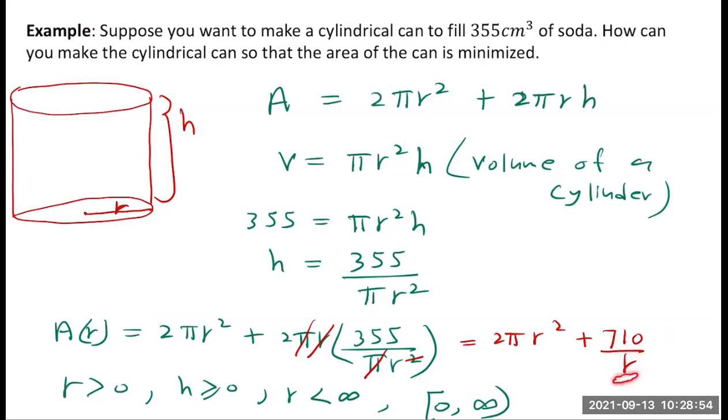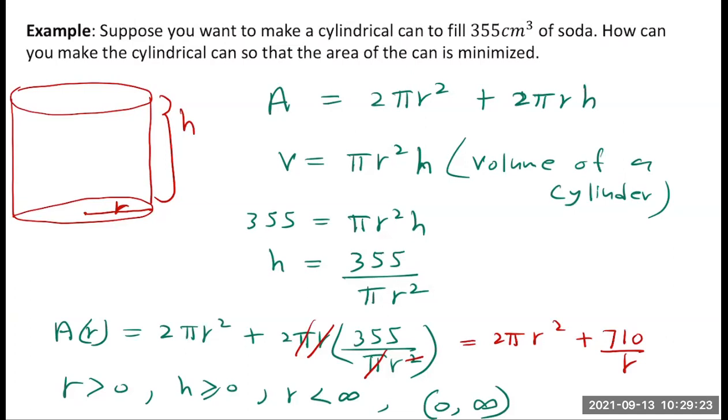So we want r greater than 0 and less than infinity, because h can be anything, so r can be any positive number. So the interval of minimization would be 0, infinity.